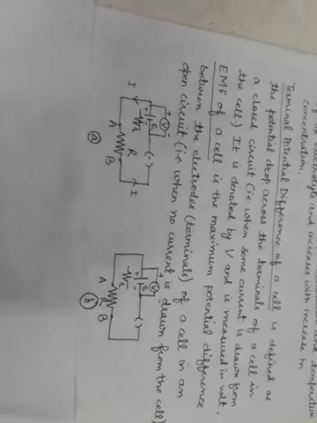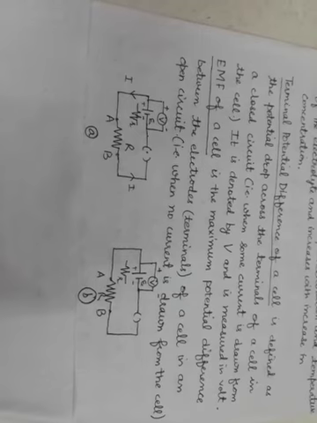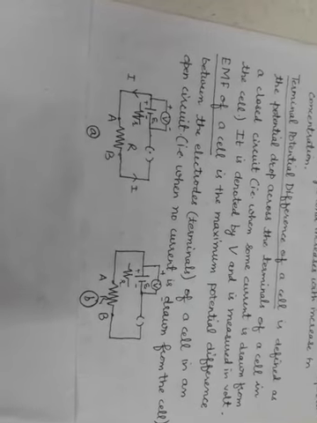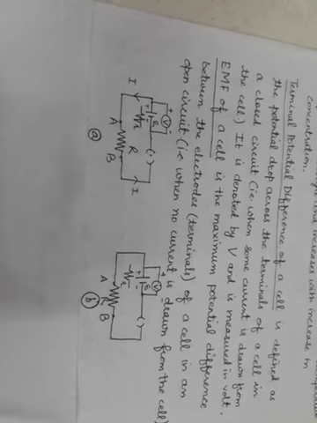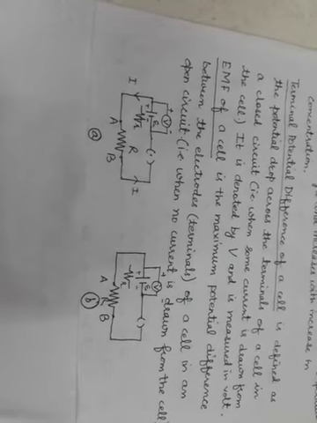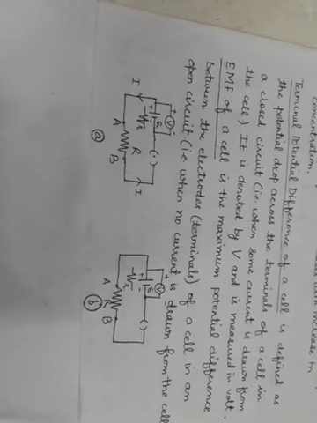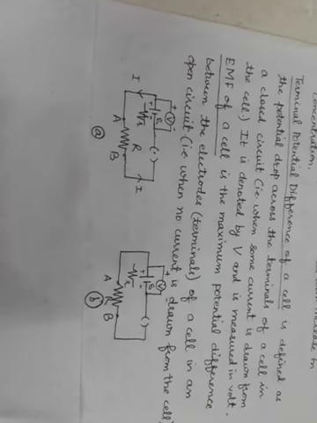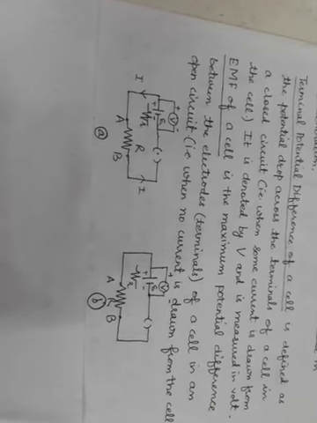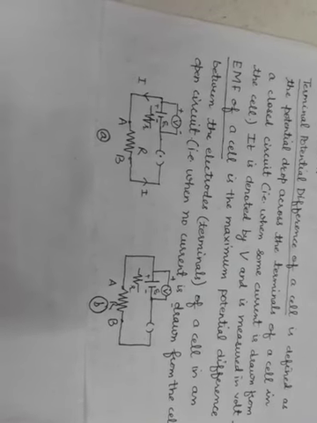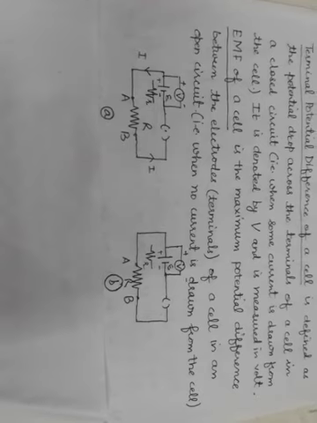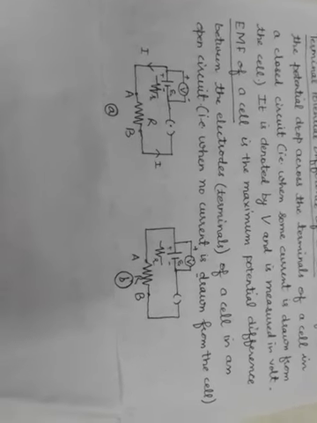These two figures will elaborate the concept. In figure A, you can see we have taken a cell of EMF E with internal resistance r, and it is connected across an external resistance capital R. A voltmeter is connected in parallel to the cell. The similar setup is there in figure B, but what is the difference?